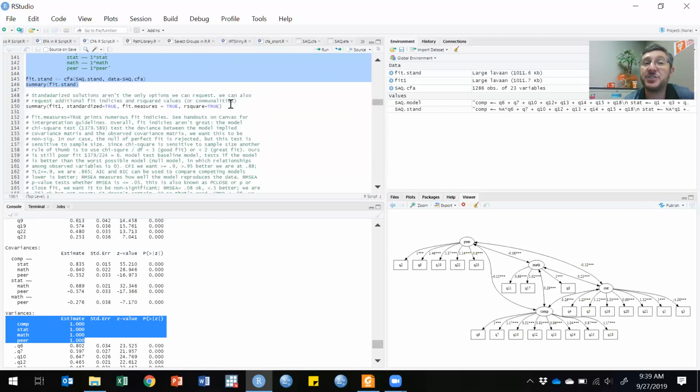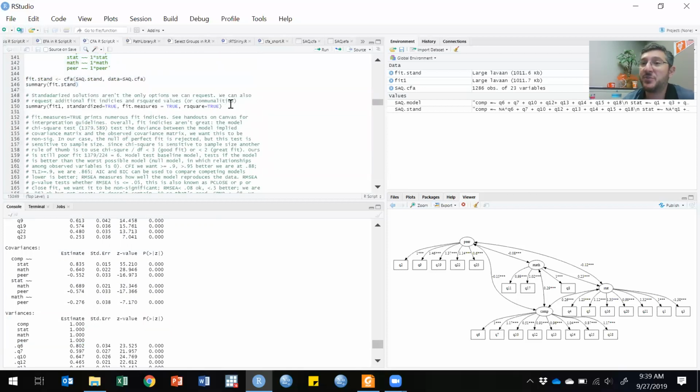So standardized solutions aren't the only options we can request from the summary function. We can get the standardized solution. We can get additional fit indices, and we can also request R-squared values or communalities.